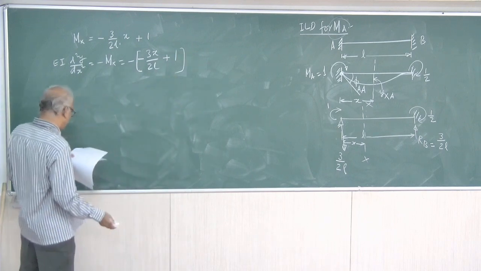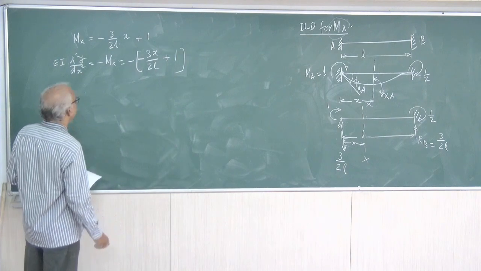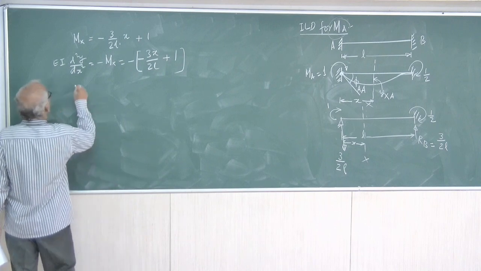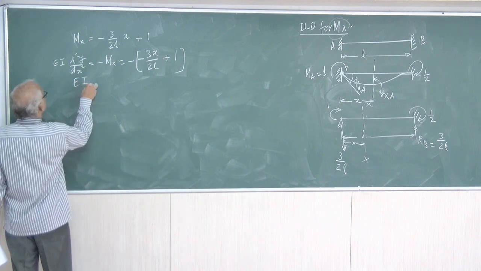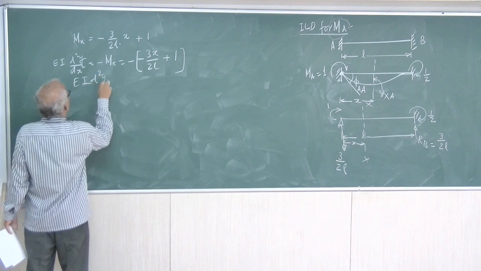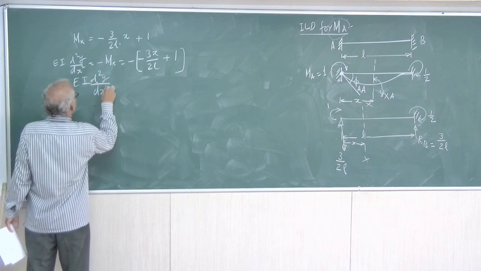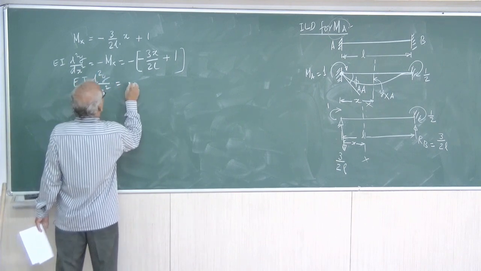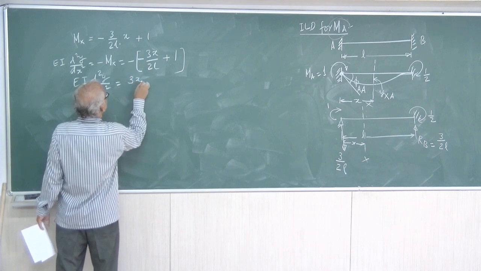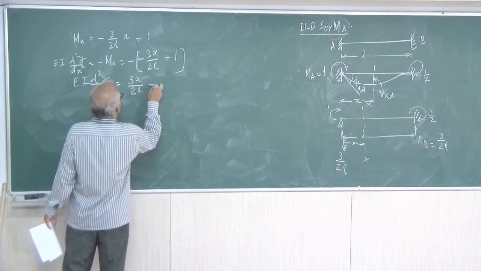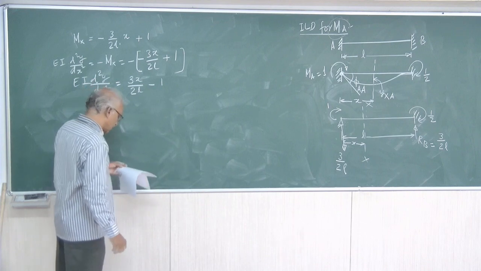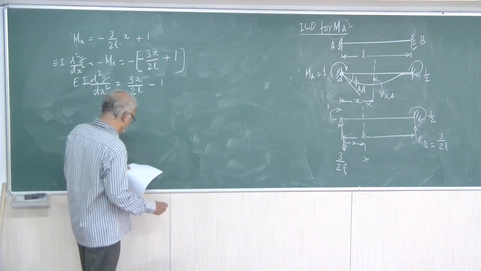What you can do is write EI into d square y by dx square is equal to minus 3x by 2L plus 1. Let us call this equation number 1.